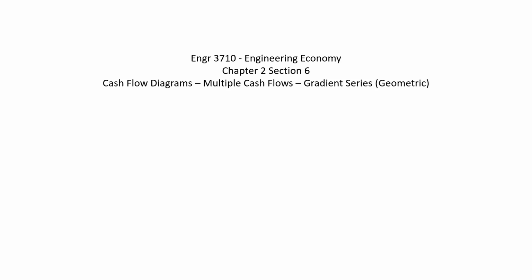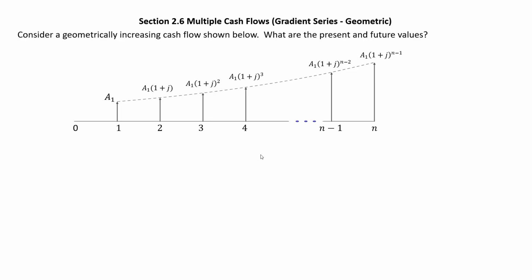However, this time we are going to do a multiple cash flow, but the gradient is a geometric series. What do I mean by that? So let's look at this, the geometric gradient series. My hope is this figure explains clearly what we mean. Let's say we start with some A1 at t equals 1.